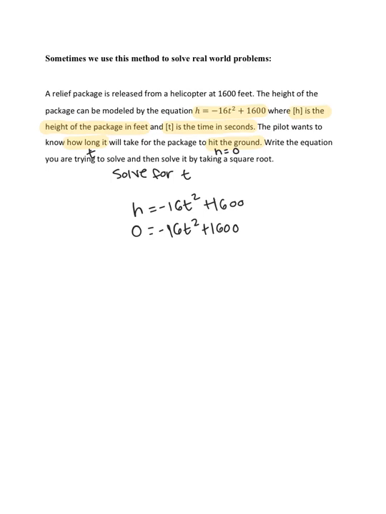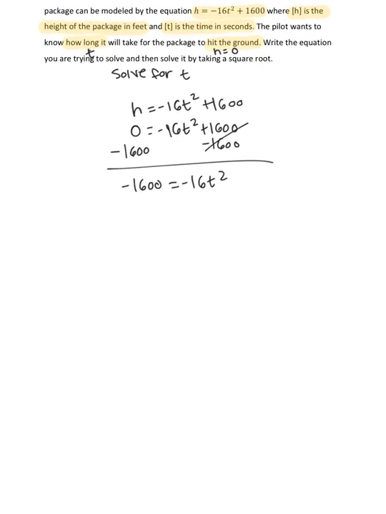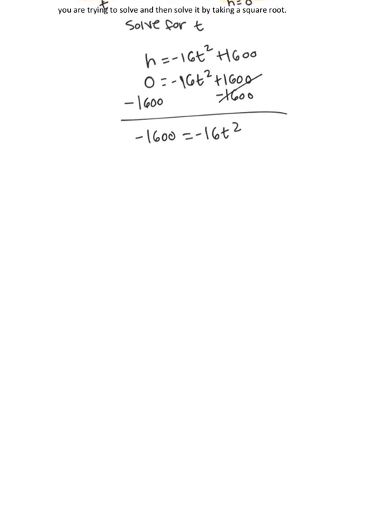I want to get that -16t squared by itself first, so I'm going to subtract 1,600 from both sides. And then I want to get the t squared by itself, so I'm going to divide both sides by -16. These cancel. A negative divided by negative is a positive. So this is positive 100.